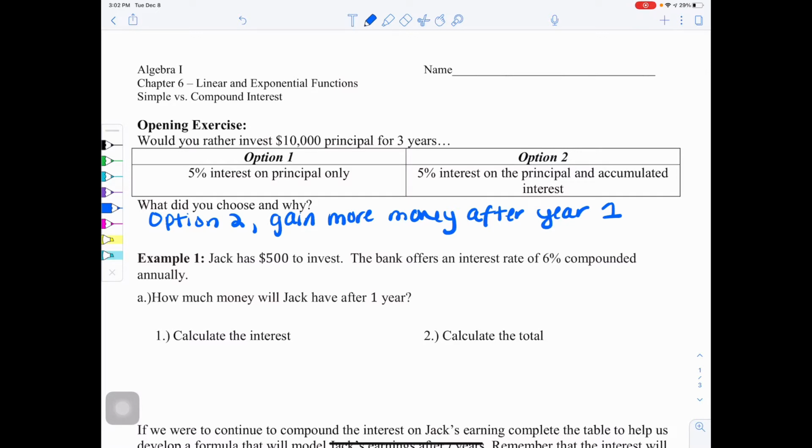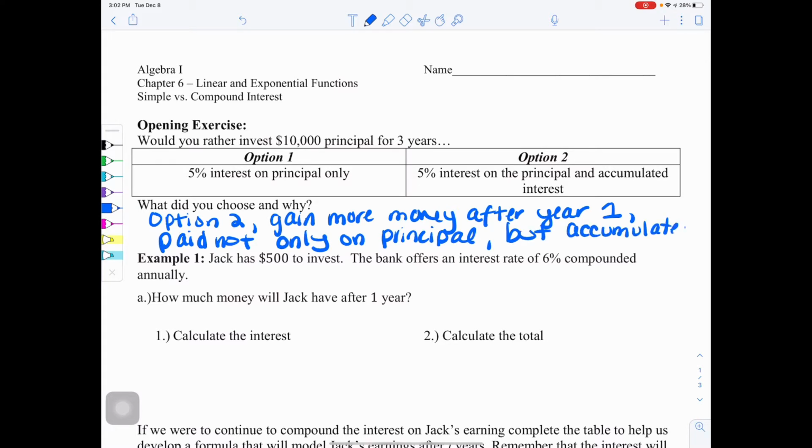So with option 2, you gain more money after 1 year, and it's paid not only on principal, but the accumulated interest as well.